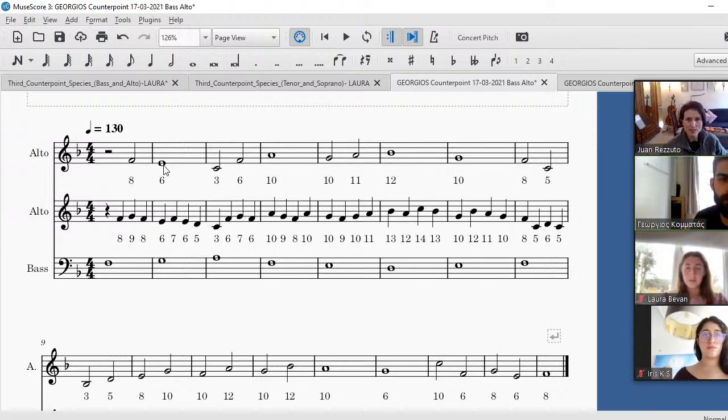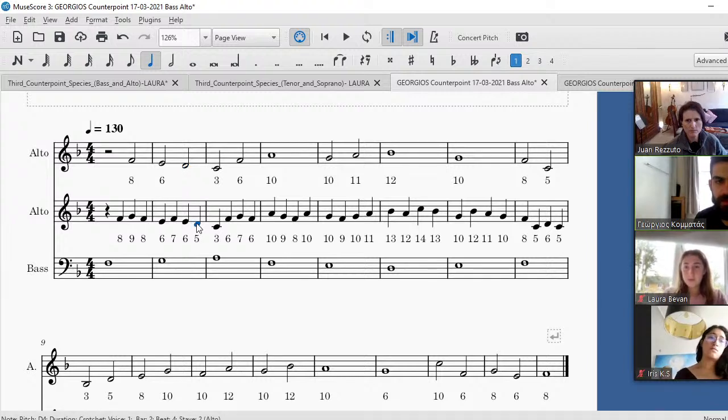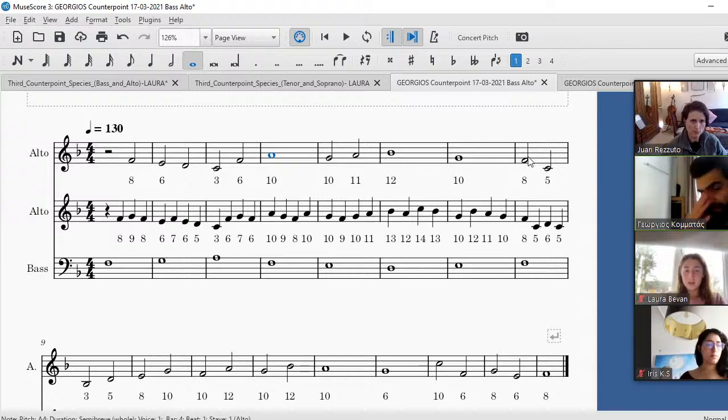Let's go back. In this case, I would argue that you have a beautiful second species there. Third is one, E, D, C. Then the F would be correct. You have a little melodic problem there, and then this is correct because it goes back.